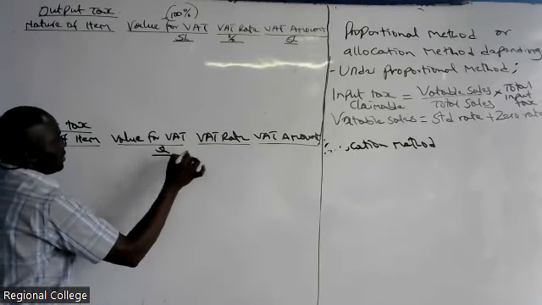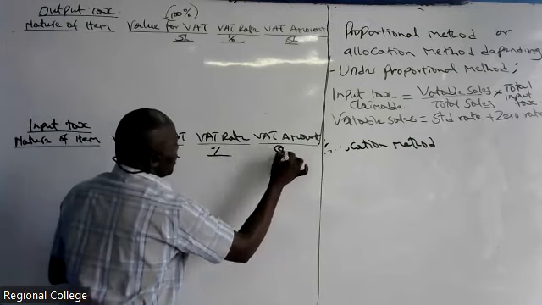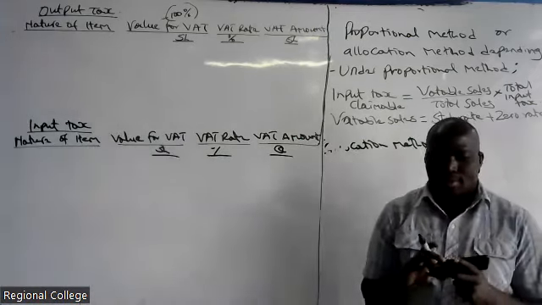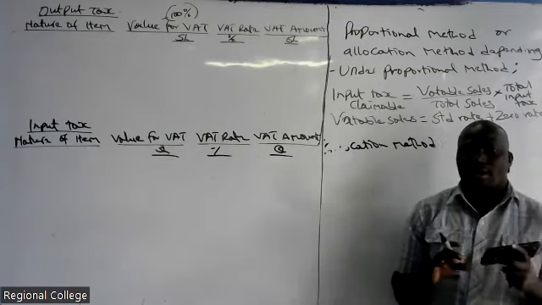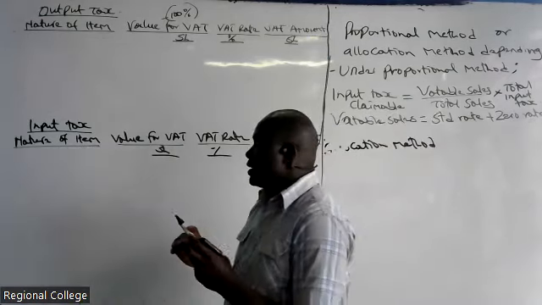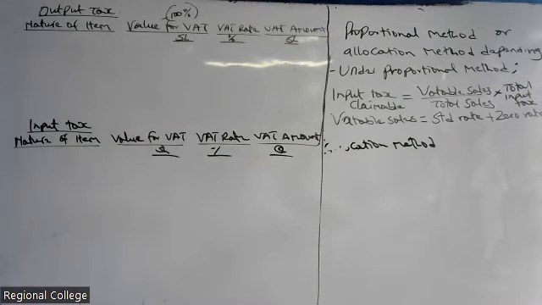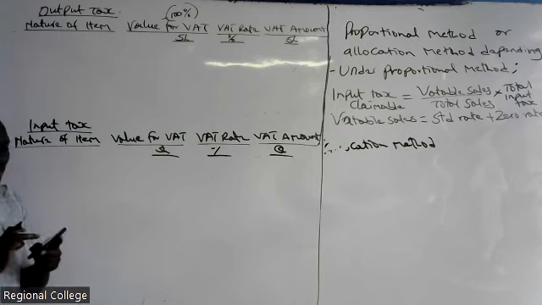So this is shillings, percentage, and shillings. So we kill two birds with one stone. When we get inputs I put them in the inputs section, and outputs in the outputs section.